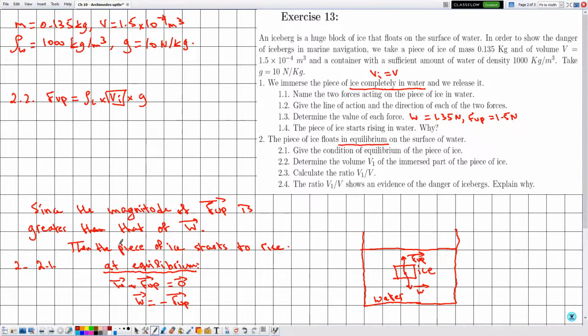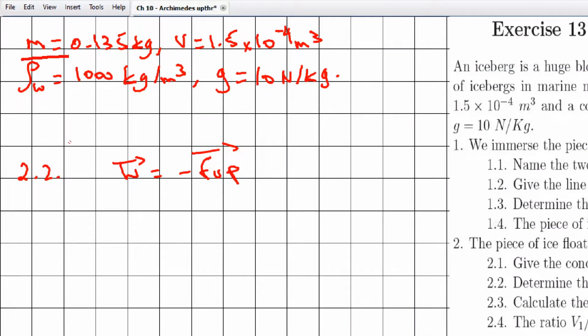So for this reason, first let's determine the new value of F upthrust, which is given by the condition of equilibrium. So W vector is equal to minus F upthrust vector, and notice that the value of the real weight will not change because it depends on the mass, and the mass didn't change as well.